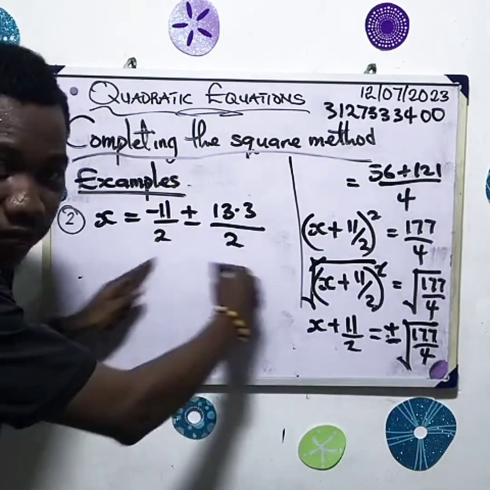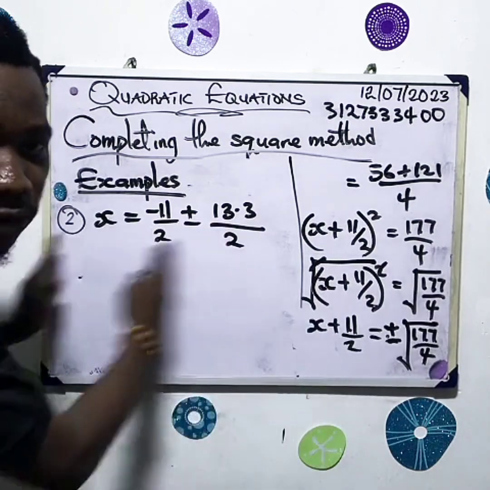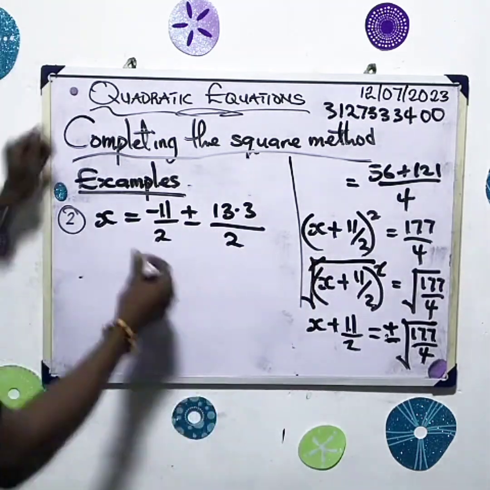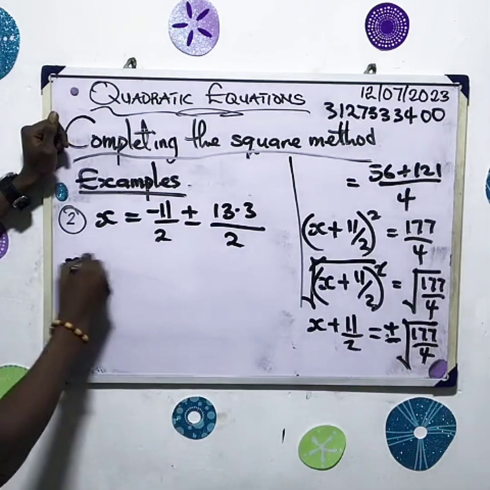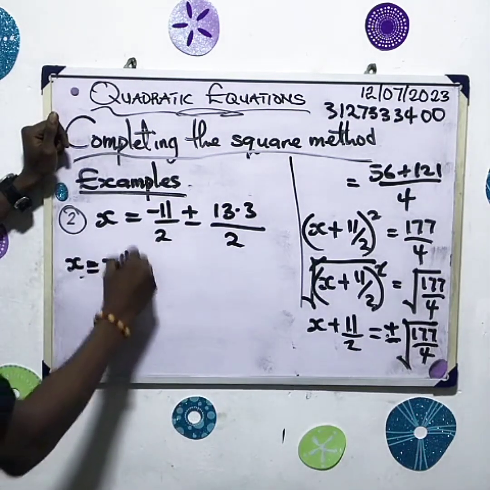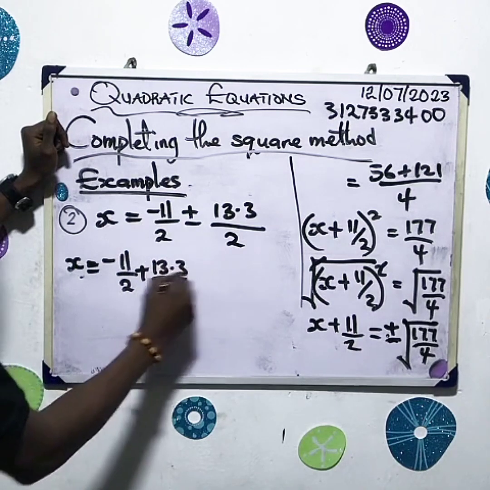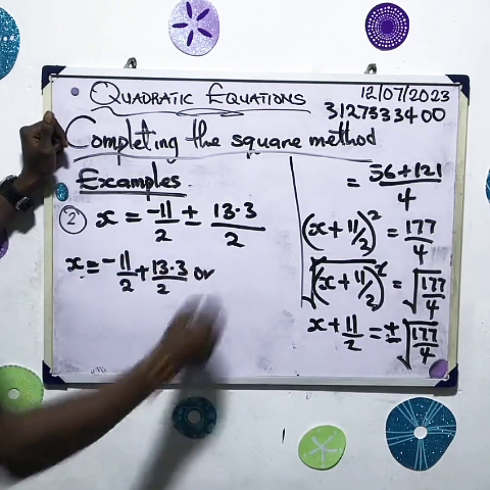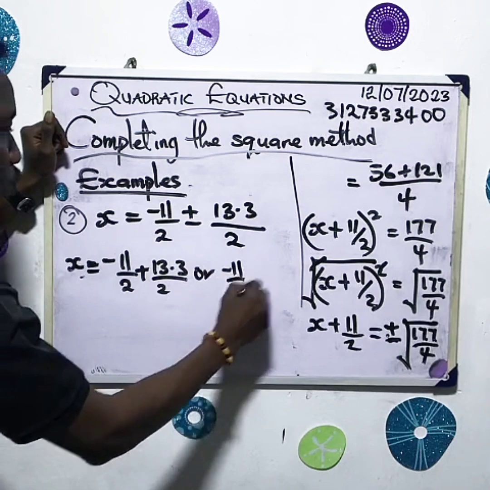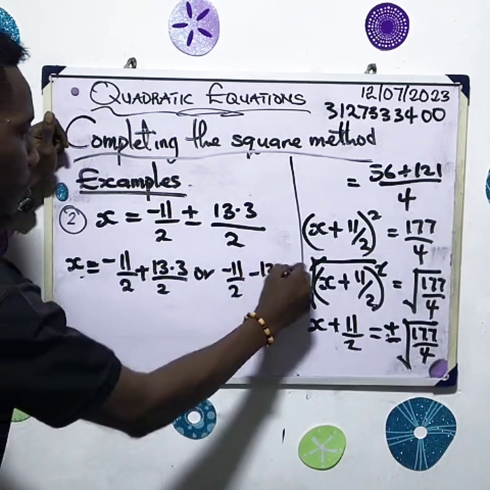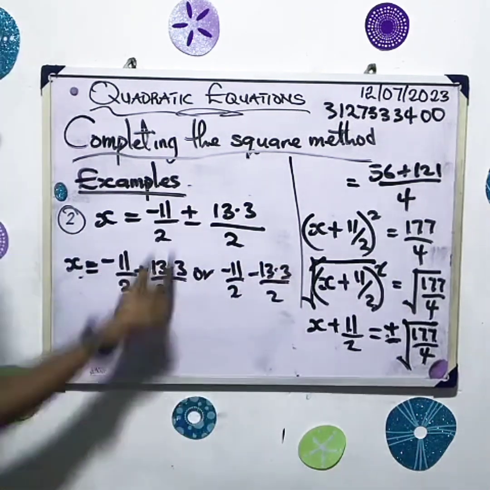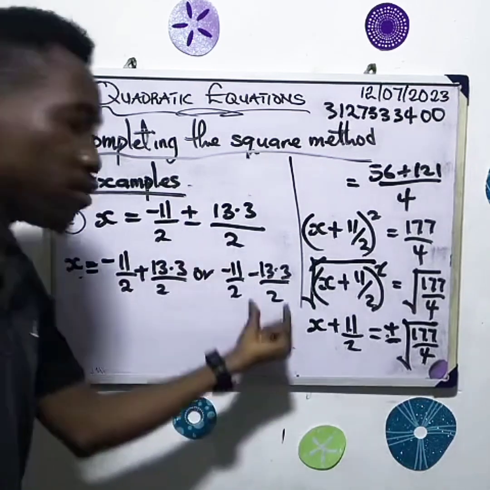Now we split them, one for addition, one for subtraction. So x equals minus 11 over 2 plus 13.3 over 2, or minus 11 over 2 minus 13.3 over 2. One is addition and the other is subtraction.